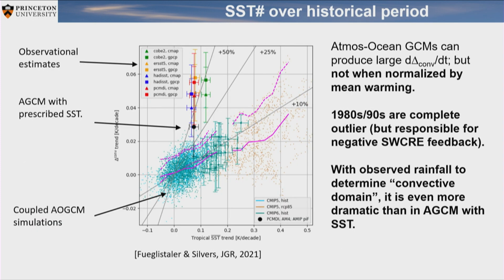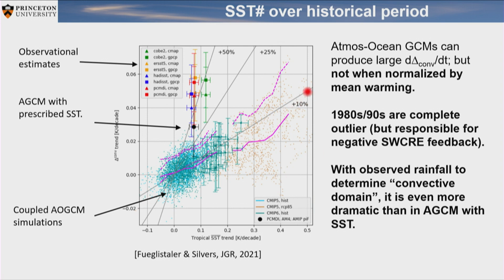So if you plot that as a scatter plot, where I have on the x-axis the mean sea surface temperature trend, and on the y-axis this trend, we call it here delta convective, the trend in that, what you see is generally, all these little points are 30-year intervals in many models and many realizations, many ensembles, different experiments, but they're all coupled, okay?